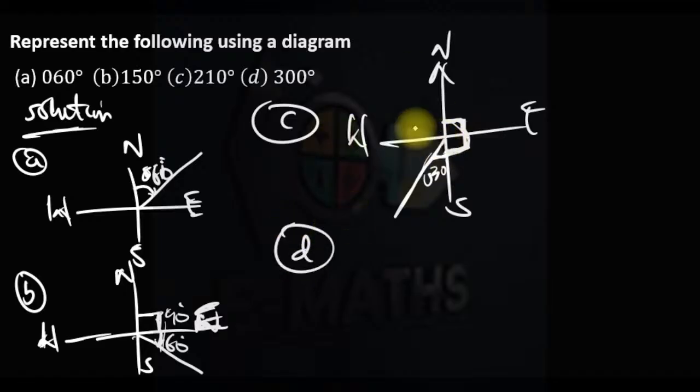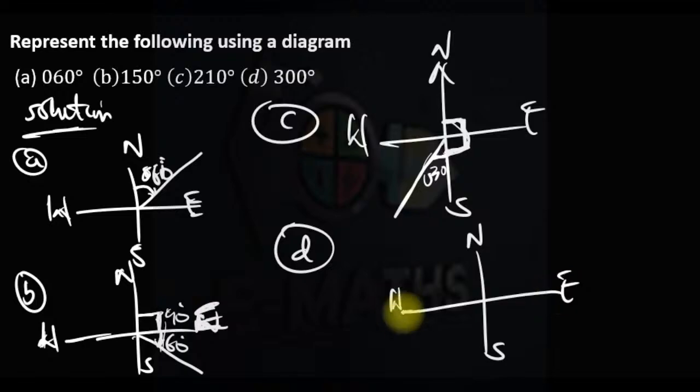Now the last one, 300. I have north, south, east, west. So I move 90, 90, 90, so 270. Remaining 30 to make it 300. Always show the direction. So you see this is now 300 degrees.